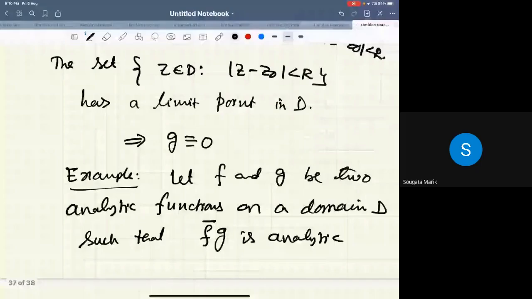Here f bar represents, I think there is some network issue, let's see if the text is coming or not. Here f bar means the conjugate of f.